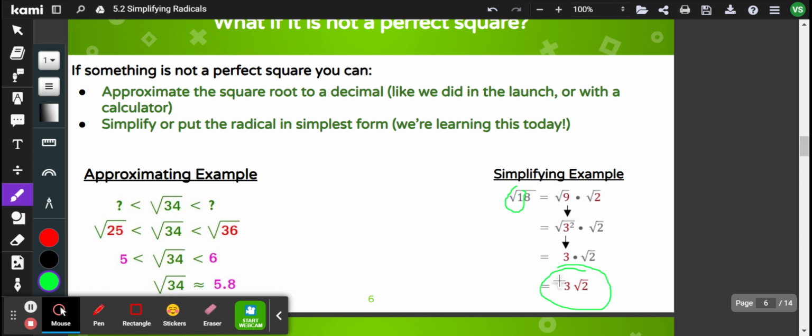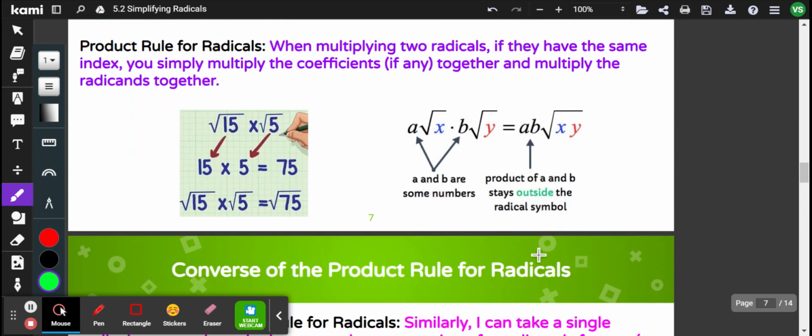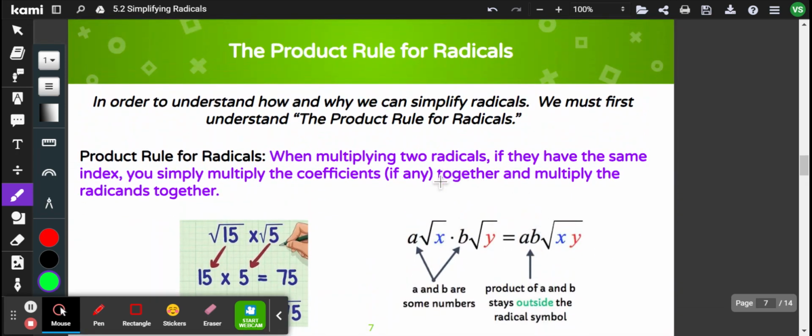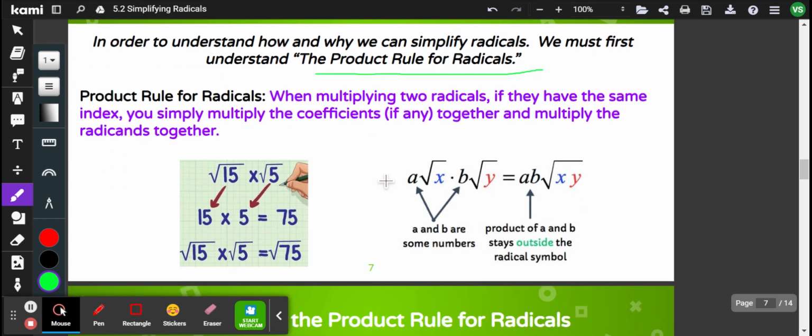We'll get into details of how we arrive at this solution. Now, look at the product rule. This product rule is what we will be using in order to simplify radicals. You must understand the product rule of radicals. If you have two radicals, you can multiply them, a and b being the coefficients of these two terms.